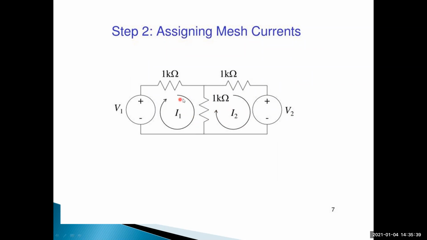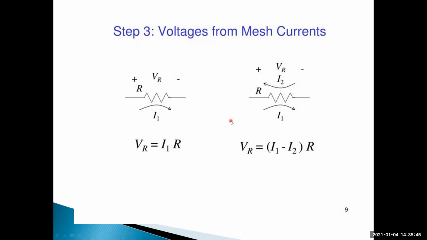This current direction is I1 and this current direction is I2. Opposite. If I1 is greater than I2, then VR is positive. If the I1 current magnitude is greater, then the resultant current is I1 minus I2, in this manner.